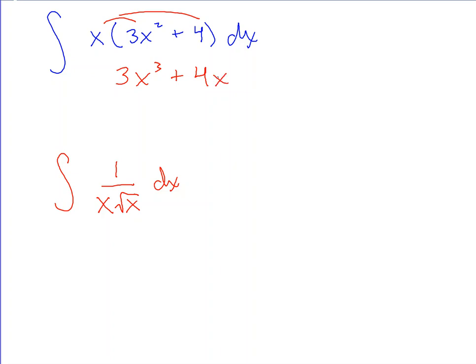Once I distribute, now I'm going to do that reverse power rule, but instead of on just one piece, I have 2 pieces. So I'm going to add 1 to my exponent and divide by that. Now, if the 3/4 would simplify, go for it. It doesn't. I think it's going to happen here on the next one, though. I'm going to make that a 2.